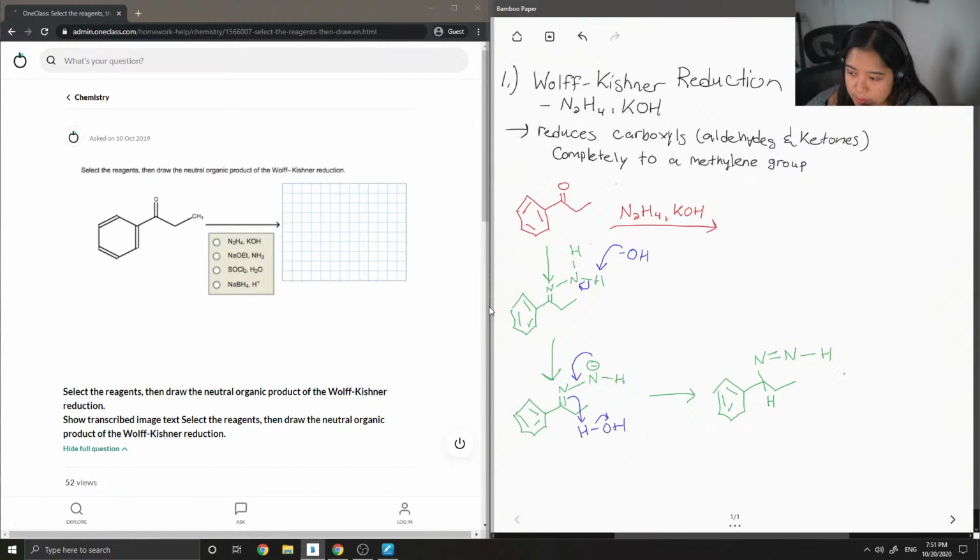And then from there, another OH minus comes in, deprotonates hydrogen, and now we have a negatively charged nitrogen group.